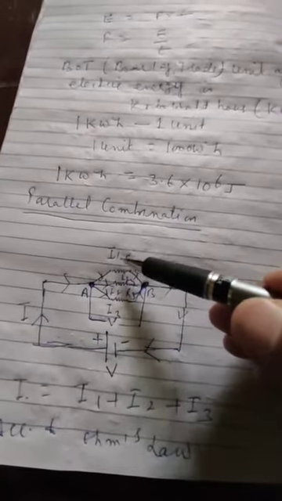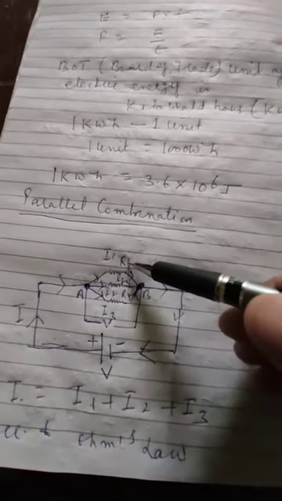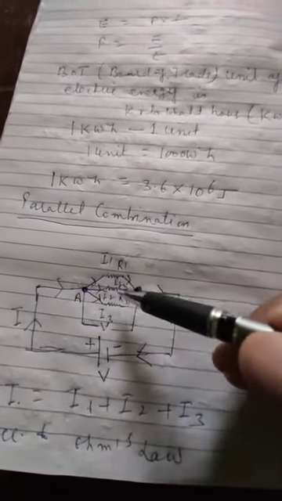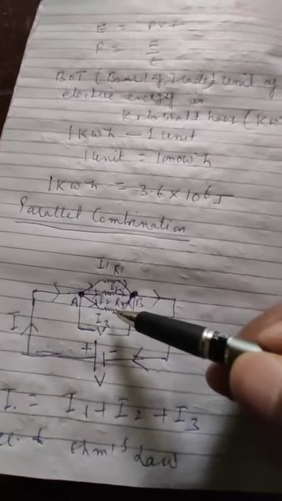Clear? I1 current is flowing through R1, I2 current is flowing through R2, I3 current is flowing through R3. So according to Ohm's law, I1 will be equal to V upon R1, I2 will be equal to V upon R2, and I3 will be equal to V upon R3.